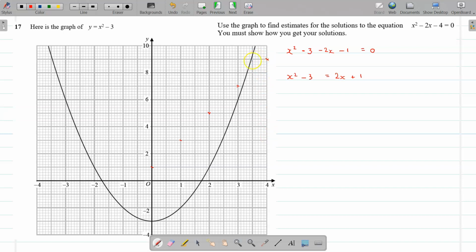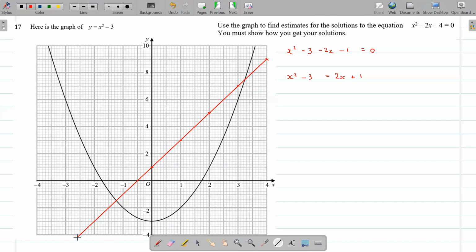So you have to be careful the gradient doesn't look like 2 because of the different scales. But that's the line we draw, and we draw it from there through those points, and hopefully it continues down there, as it does indeed.